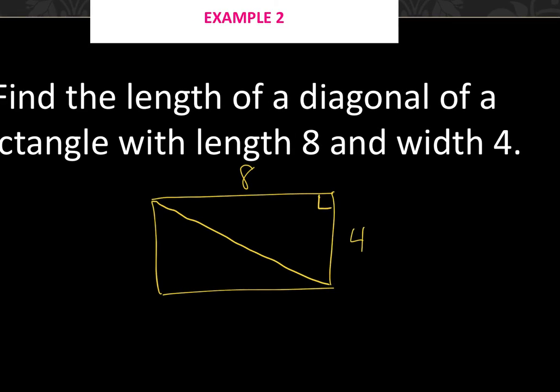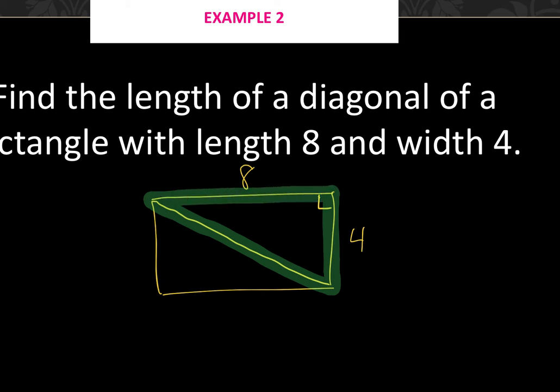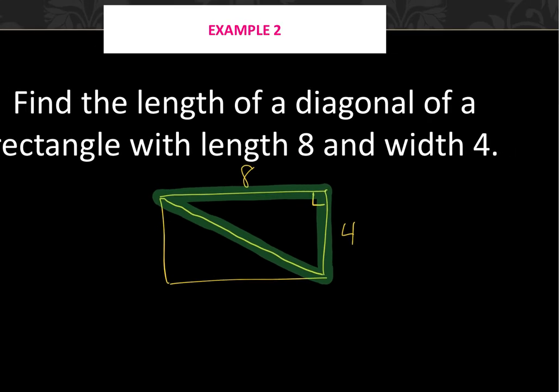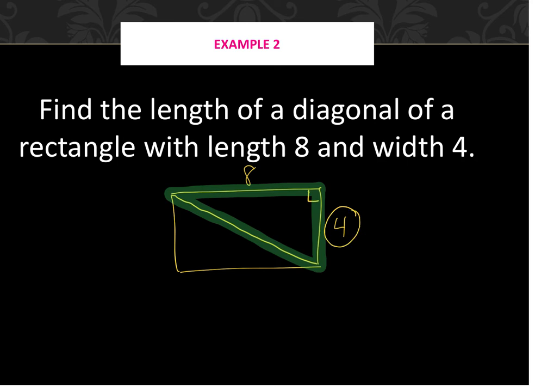A right triangle, okay? I noticed a right triangle, okay? I'll highlight it so you guys can all see it. Here's our diagonal. Here's our hypotenuse. Here's one leg. Here's our other leg. Do you guys see that? So it wants us to find the length of the diagonal. What's 4? A, B, or C?